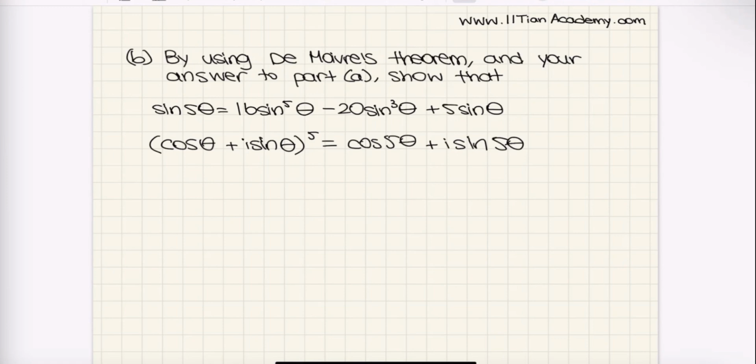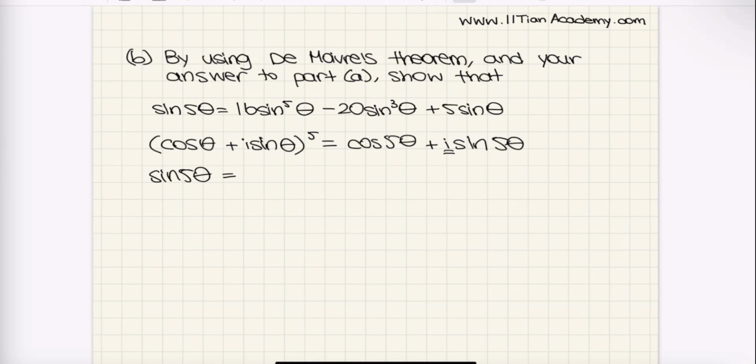So going backwards, the imaginary part over here on the right is sine 5 theta, because notice that there's an i in front of it, so this is an imaginary part, and this must be equal to the imaginary parts that we had in the previous part of the question.